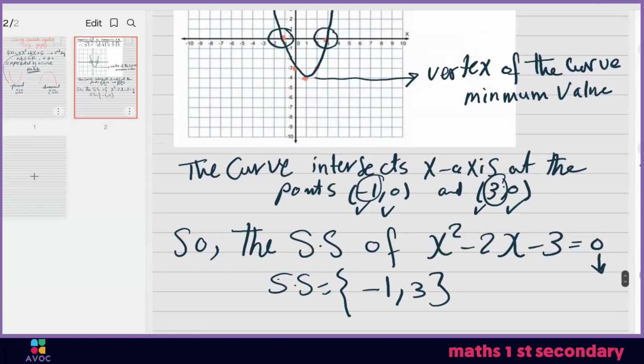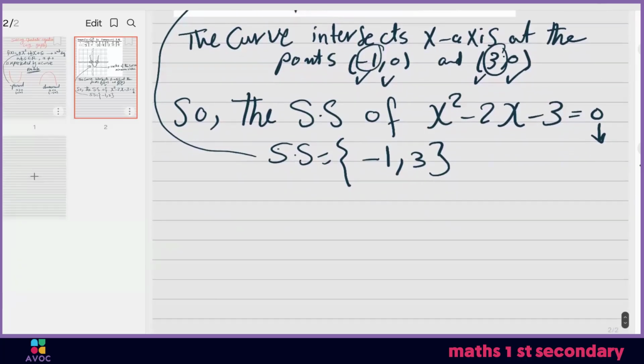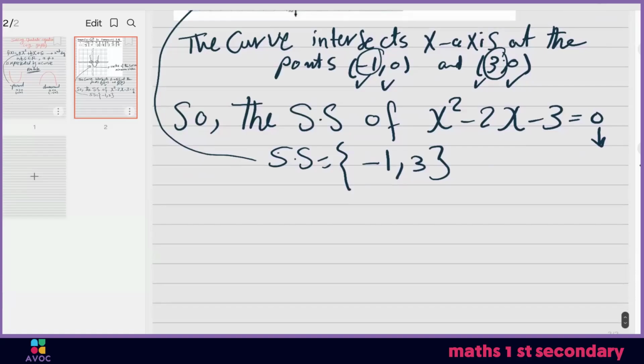The intersection points with the x-axis, like this. Look at this. The solution set will be -1 and 3. Do you understand?